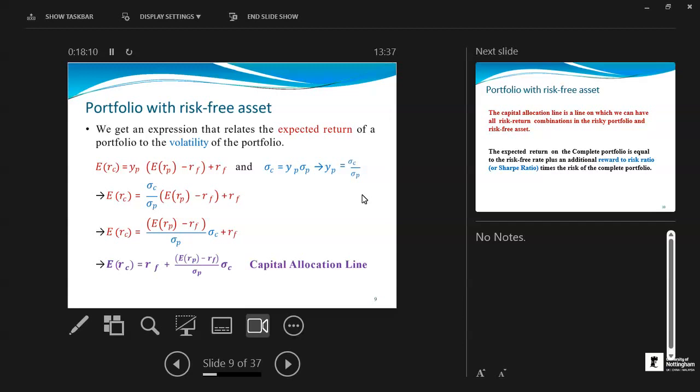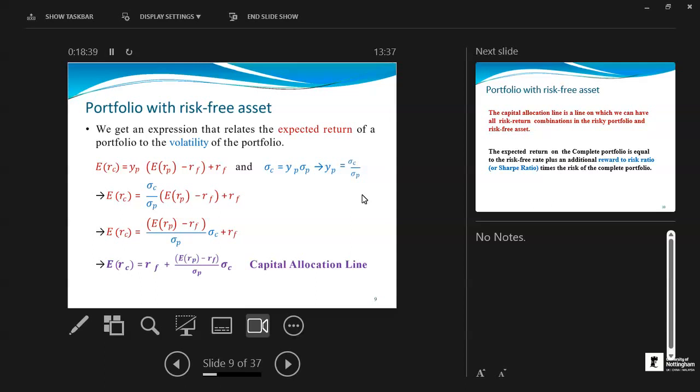So how would you interpret this? The return on this complete portfolio, which is a combination of a risk-free asset and a risky portfolio. If you put zero in the risky portfolio, if you put all of your investment in the risk-free asset, what will be your return?